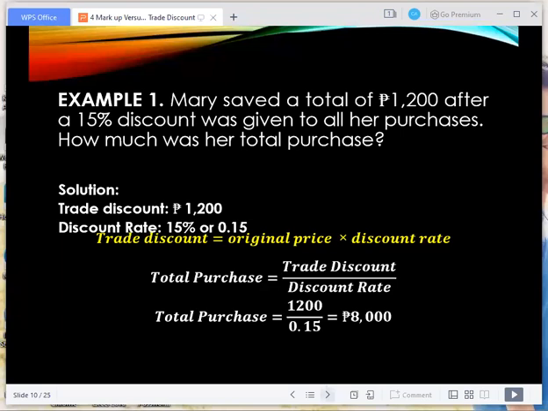So the original price or the total purchase of Mary was 8,000 pesos. Because there is a 15% discount, it was discounted by 1,200 pesos. Again, 1,200 is 15% of 8,000 pesos.